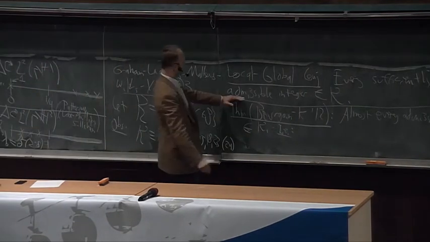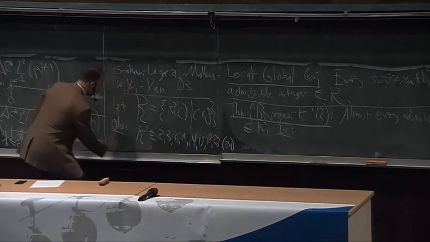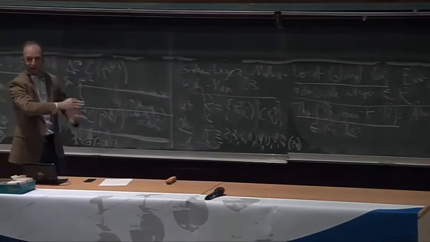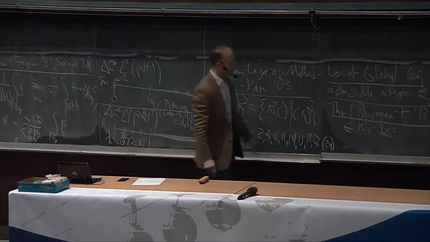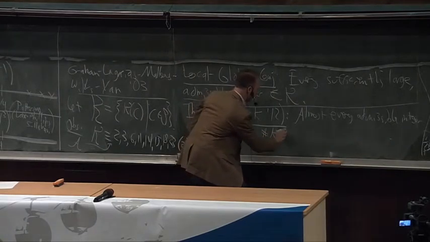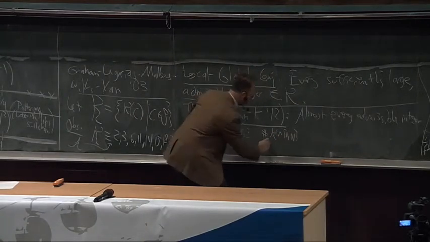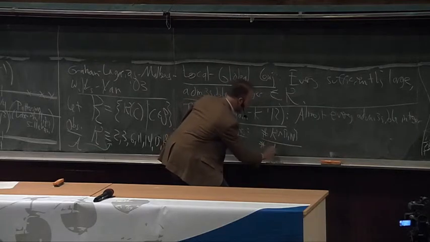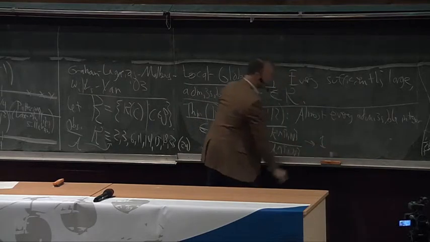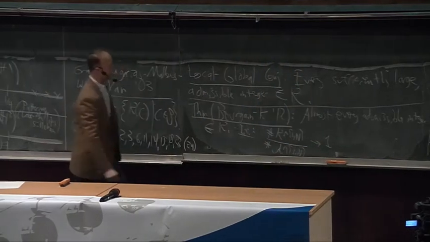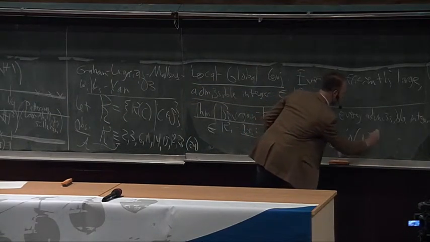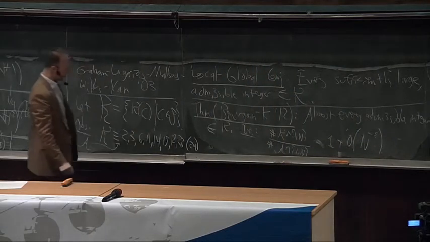Let me call the set of admissible numbers script A. Script A is the set of all integers, positive, negative, that satisfy these conditions. What we prove is that if you look at how many curvatures there are up to n versus how many admissible numbers there are up to n, that goes to 1. In fact, with a power gain, so it's equal to 1 plus big O of n to the, with a power rate.